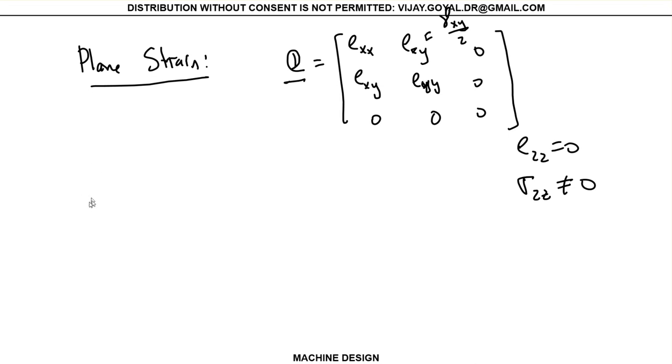So in such a case, the problem is basically saying I know the strains. Remember, this is 2 times exy.